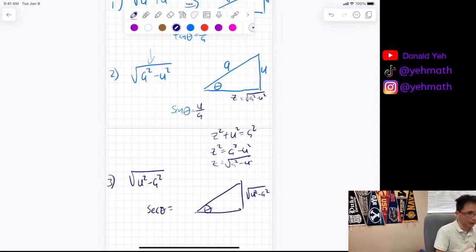Secant theta is equal to what? Hypotenuse over adjacent, which is u over a.